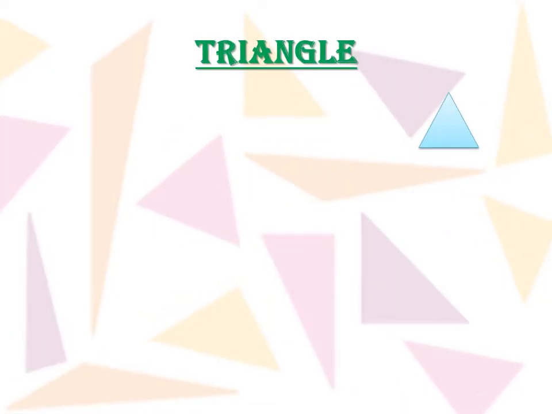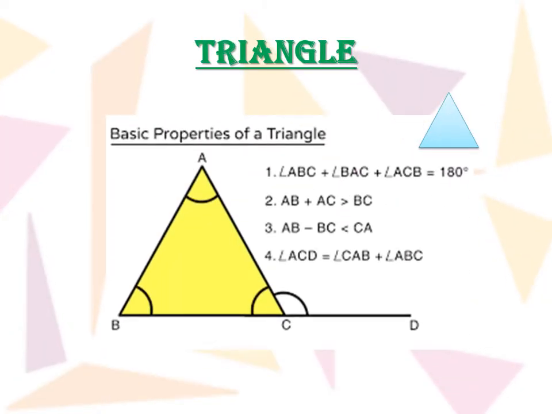Now, the basic properties of a triangle that we will study in this video: the sum of the angles of the triangle, this angle, this angle, and this angle, will be 180 degrees. How that comes about, we will learn in the subsequent slides.